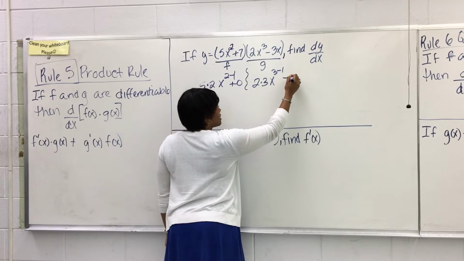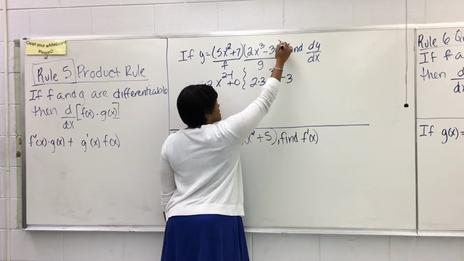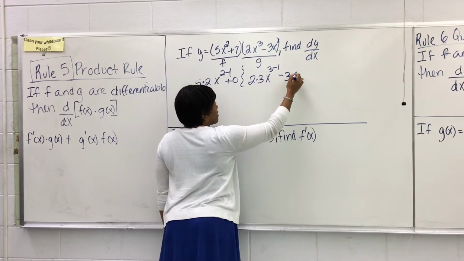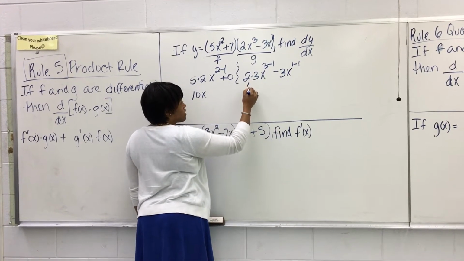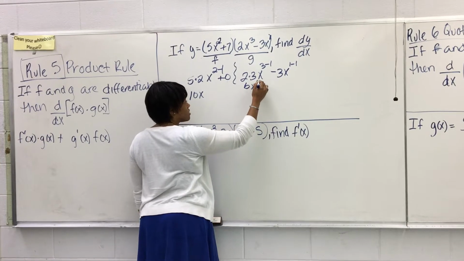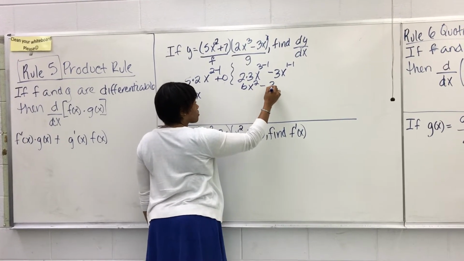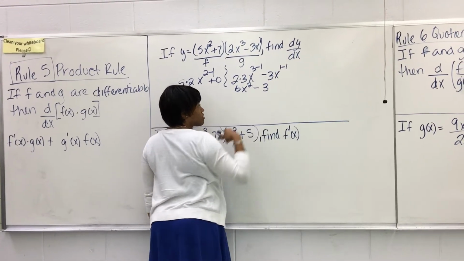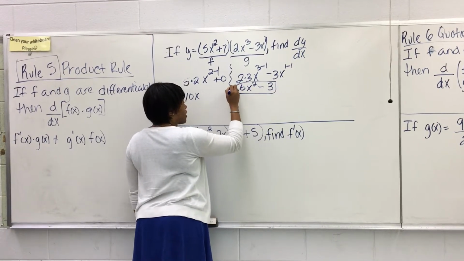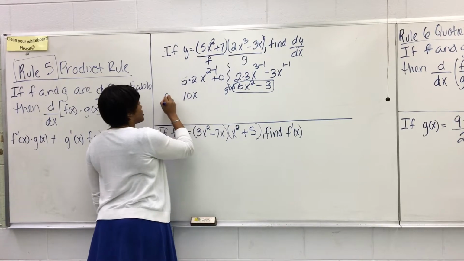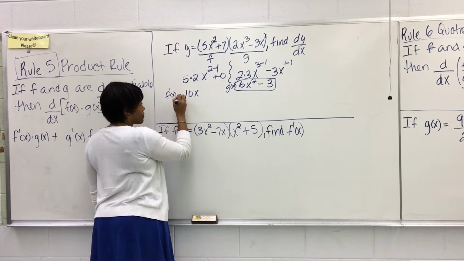And then minus 3 times, technically this is an exponent of 1, and x to the 1 minus 1. So this is 2 times 3, which will give me 6x squared minus 3, right? Because anything to the 0 power is always 1. So technically this is the derivative of g, and now this is my derivative of f, right?